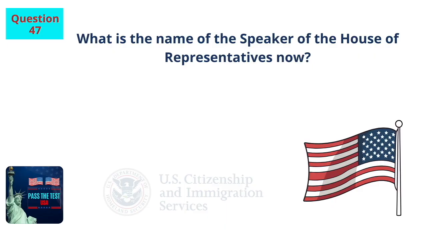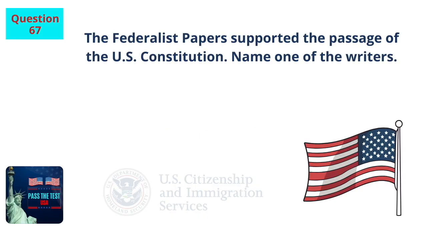What is the name of the Speaker of the House of Representatives now? Mike Johnson. The Federalist Papers supported the passage of the U.S. Constitution. Name one of the writers. James Madison.